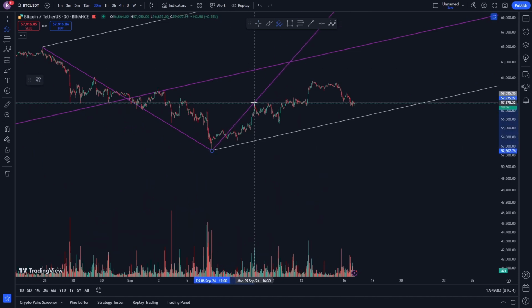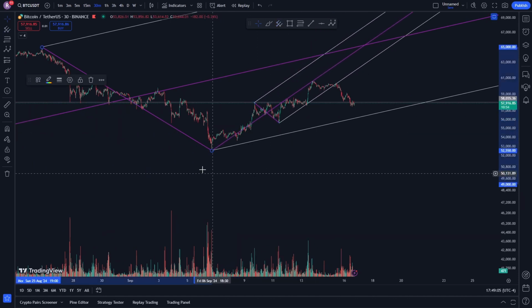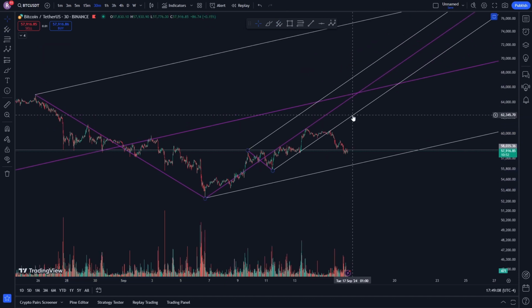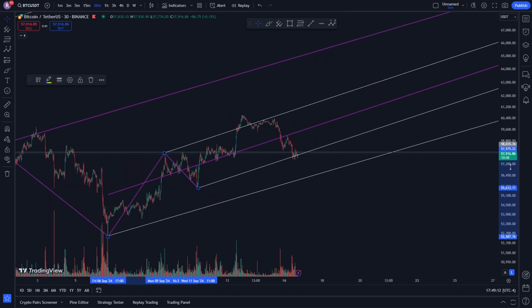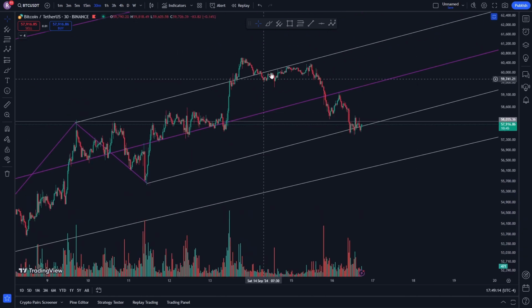So first, using this pitchfork, where can we expect price to go? So original, broken, and right now we're at the shift. What we can infer from this: if we keep closing below here, if we don't see a reaction soon towards this median line, then boom, we're still going down.